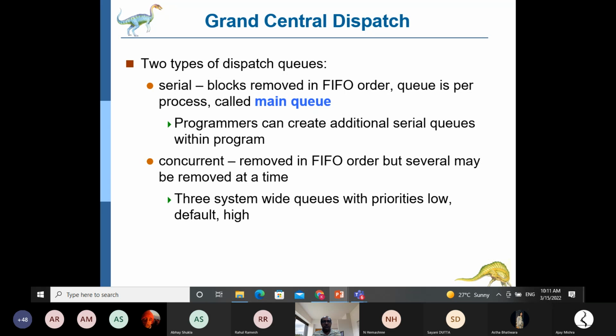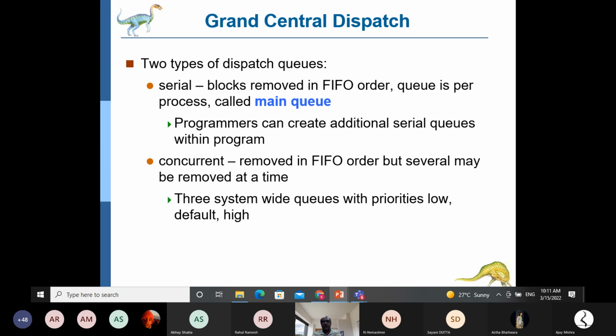Therefore, the serial blocks and concurrent blocks are maintained in separate queues. In the case of serial blocks, the blocks are maintained in FIFO order, first in first out, where a block is dispatched from the queue and given to a thread.